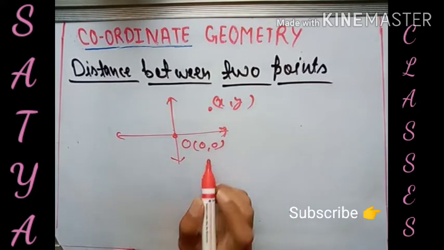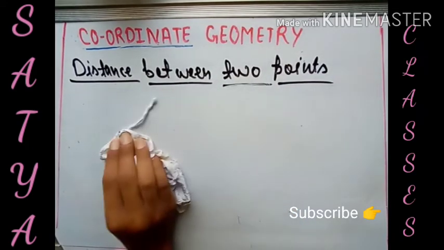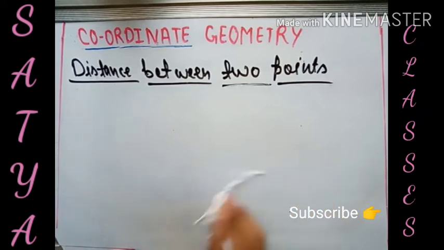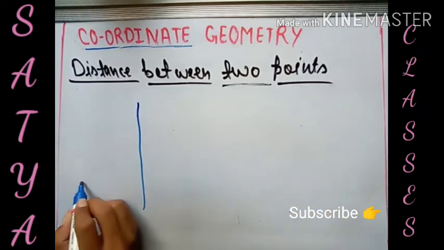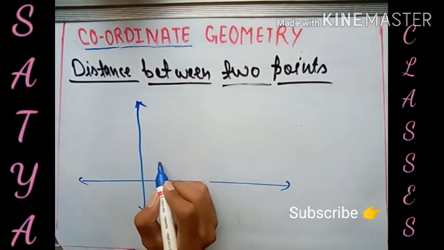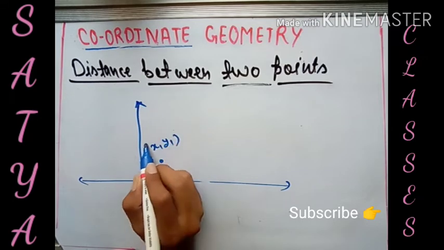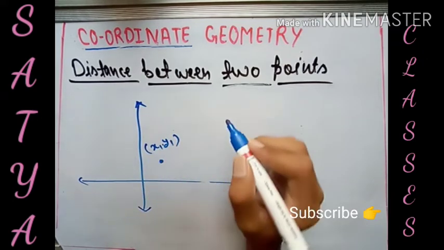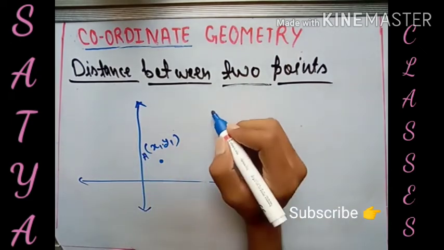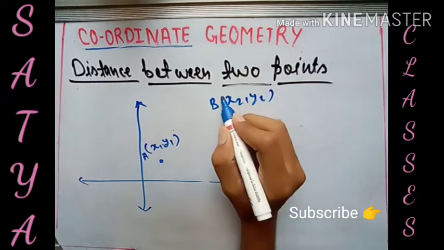But this time I am taking a Cartesian system that has totally 2 points, namely x1, y1 and x2, y2. The first point is x1, y1, this is point A and this is point B, x2, y2.